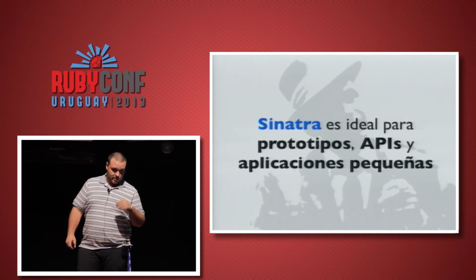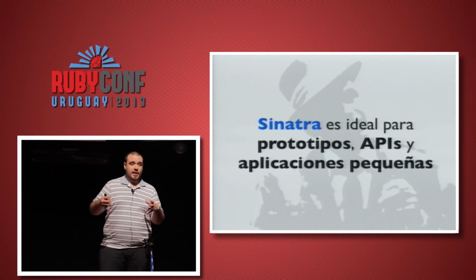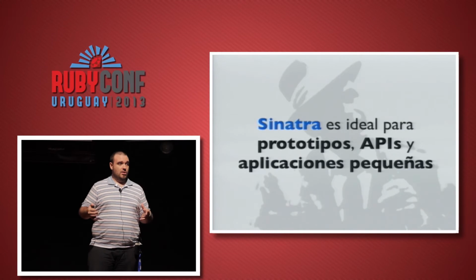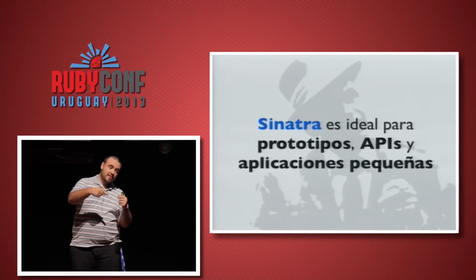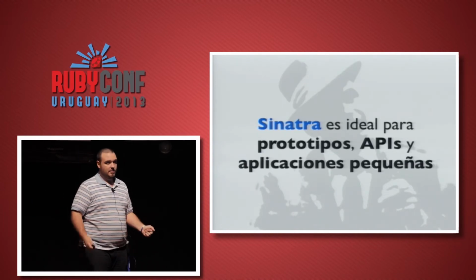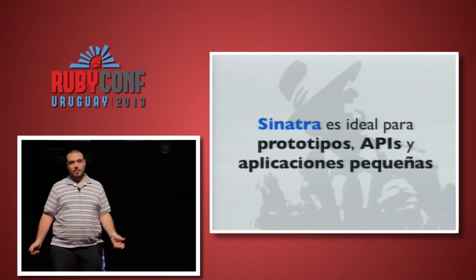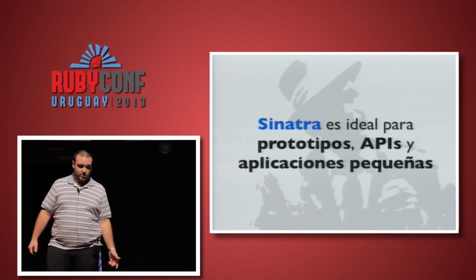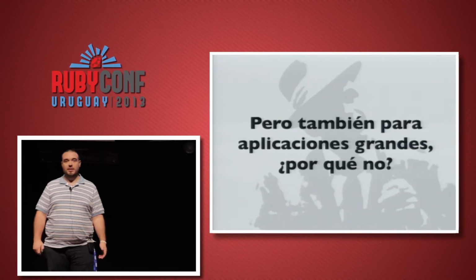For instance, at the university, they tell us that we have an application that's huge, a mammoth, and we have to add functionality. So what we do is create small apps that may create APIs, and these small applications can be implemented with Sinatra. So people usually say that the best use of Sinatra is for APIs, prototypes or small apps.